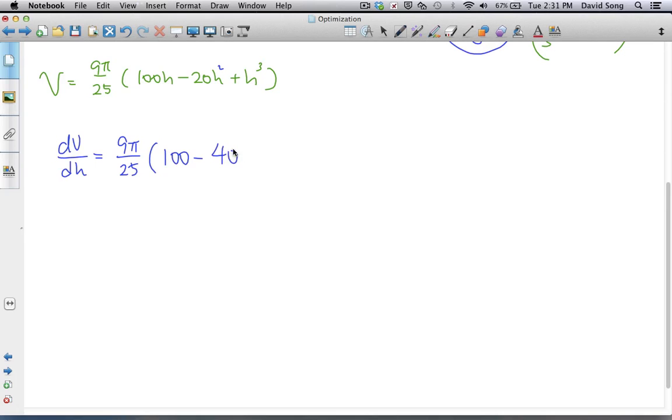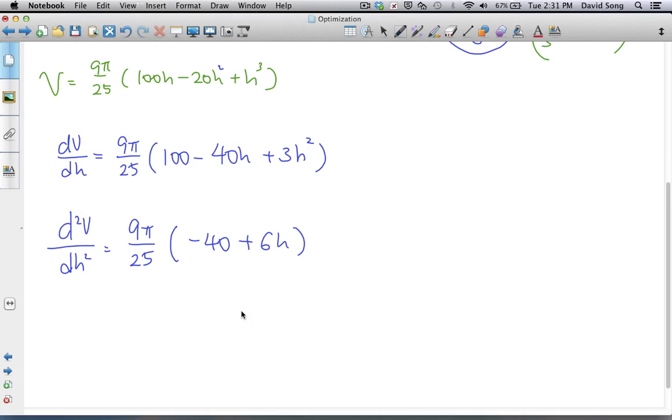So 40h here plus 3h squared. That's my first derivative, and the second derivative, it's going to be again 9 pi over 25 will stay out, and you will get negative 40 plus 6h. Or you can even write, factoring out a 2, 18 pi over 25, and then 3h minus 20. Okay, that's my second derivative.